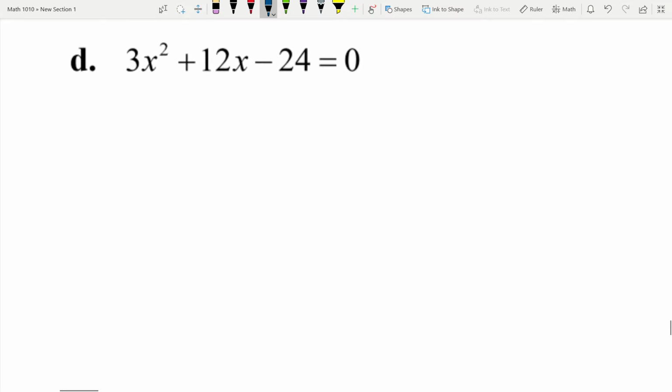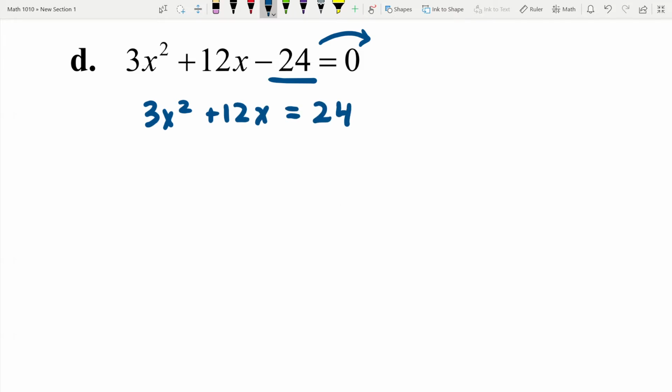Okay. First thing I want you to do is to take that 24 over to the right-hand side and make it a positive. So you have 3x squared plus 12x equals 24. Now I'm just telling you, on your homework and even on your quiz that you're about to take next week or whenever, if you skip that step, I'd be okay with it. Okay?